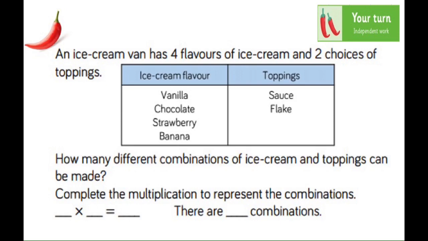So remember to change one thing and keep everything else the same. So for example, you could have the vanilla ice cream and the sauce, and then the vanilla ice cream and the flake. Can you find all the possible answers and then write the multiplication to show the number of combinations? So pause the video now and have a go at this one in your book.